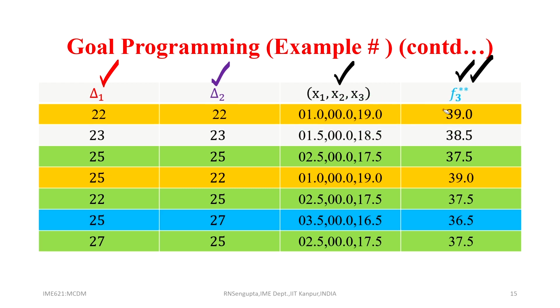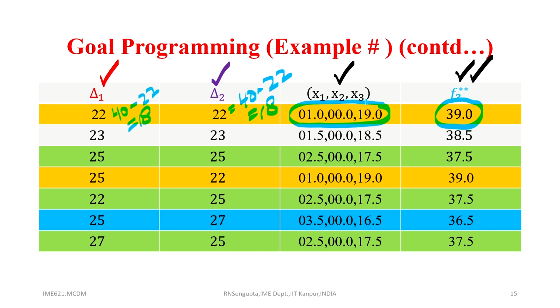So, this is equal to 40 minus 22 is equal to 18, again 40 minus 22 is equal to 18. So, this value is 39 and the values of x1, x2, x3 are 1, 0, 19.